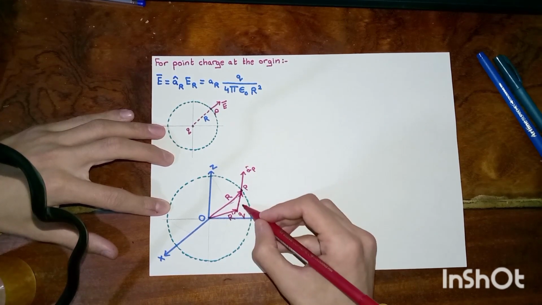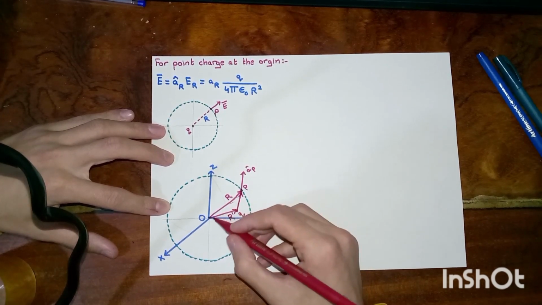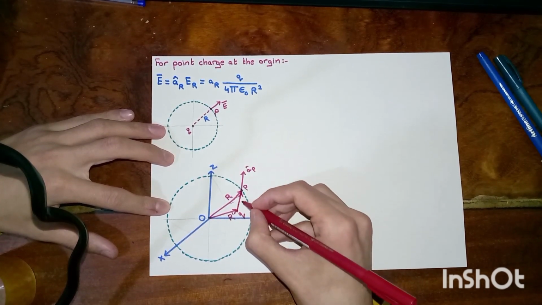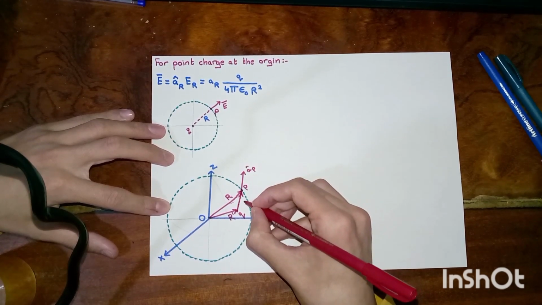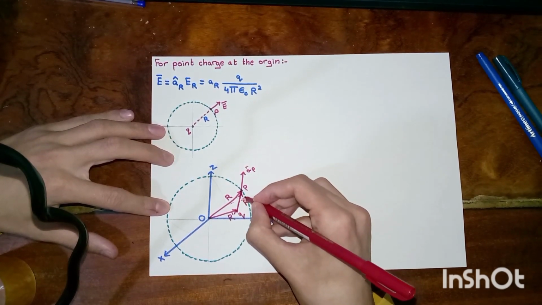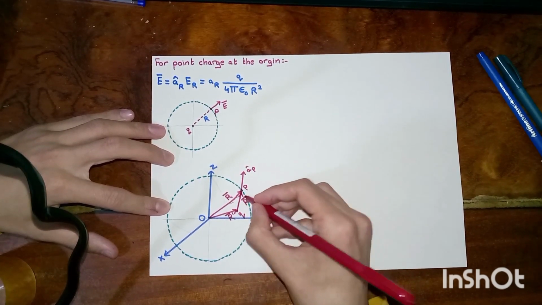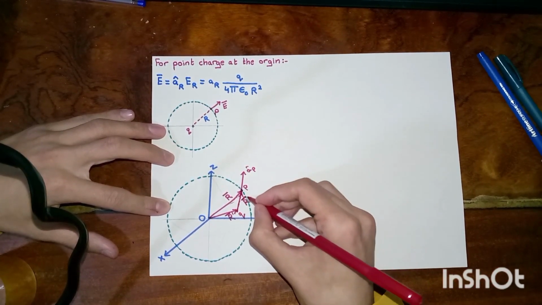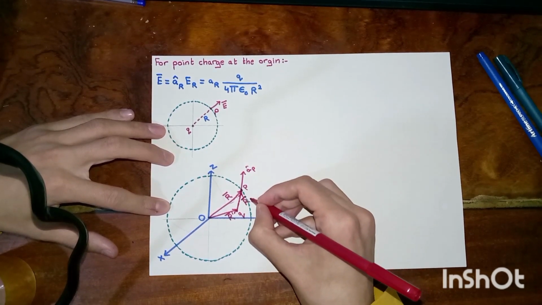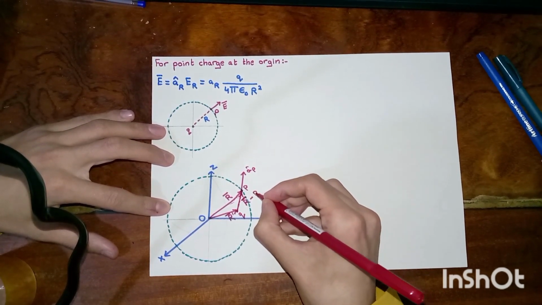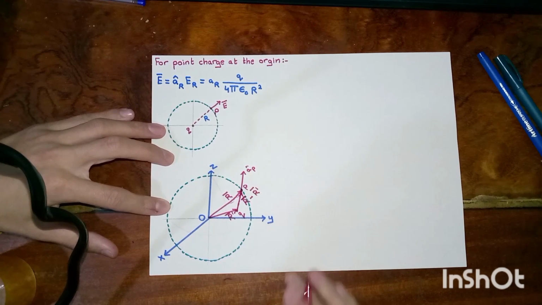When we add these two vectors, we end up with r according to the tip to tail rule. Let's put a bar to show that they are vectors. This vector is equal to r minus r primed.